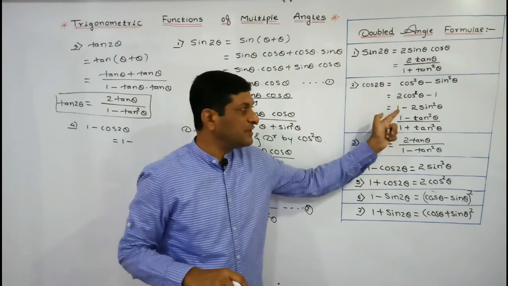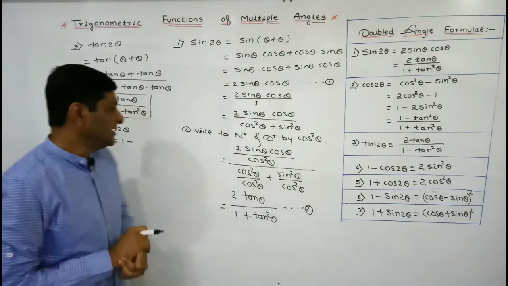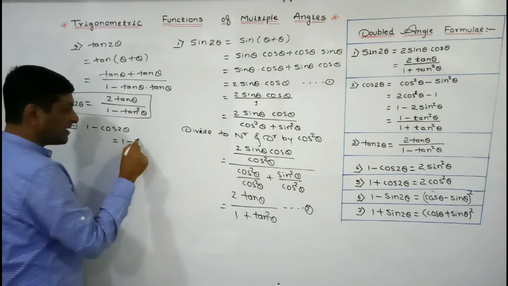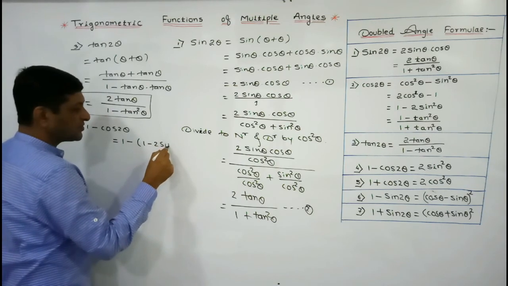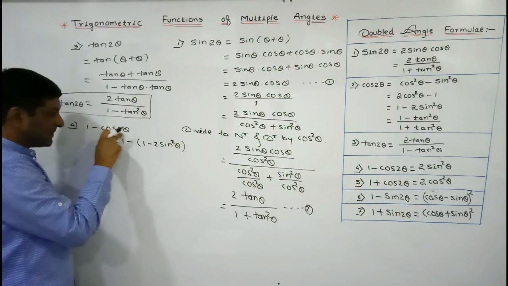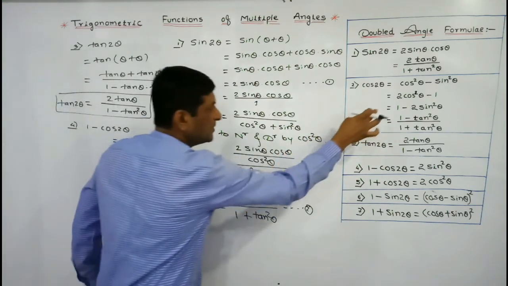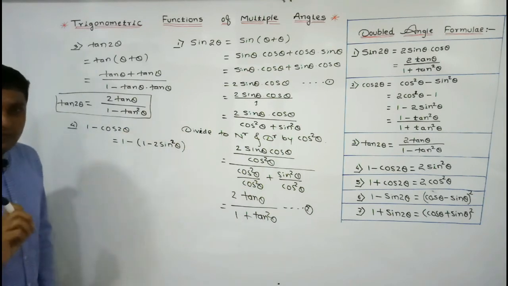Cos 2 theta can be written as 1 minus 2 sin square theta. Just now we have proved all these formulas. So I am replacing this cos 2 theta by its value 1 minus 2 sin square theta, because our required result is in terms of sine.